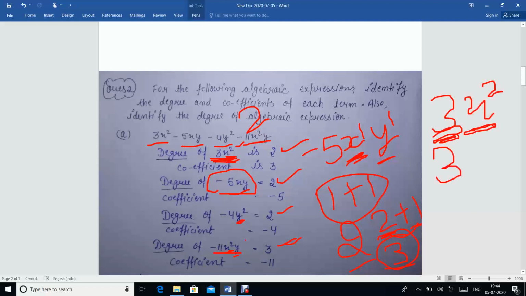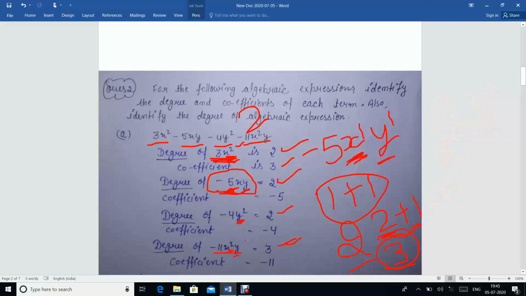So 3 will be the coefficient of the term 3x square. Similarly, in the term minus 5xy, minus 5 is the numeric coefficient. So minus 5 will be the coefficient of the term minus 5xy.